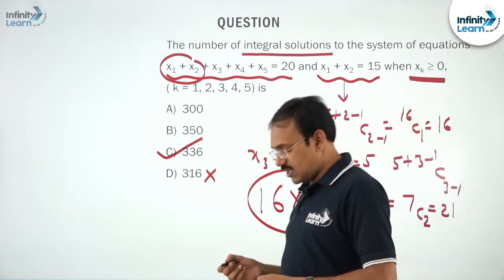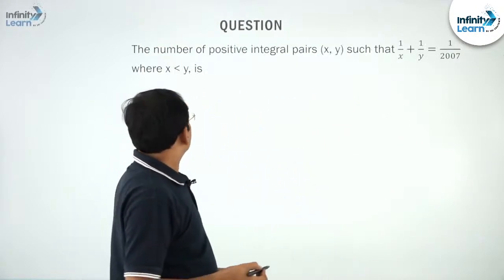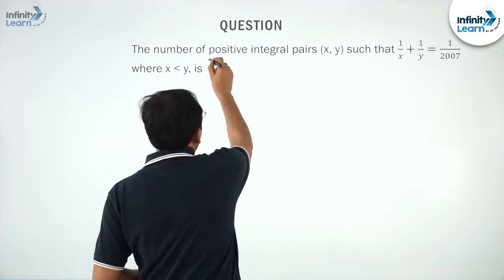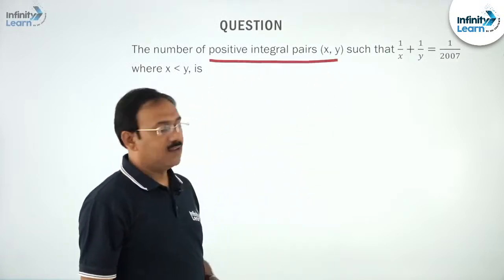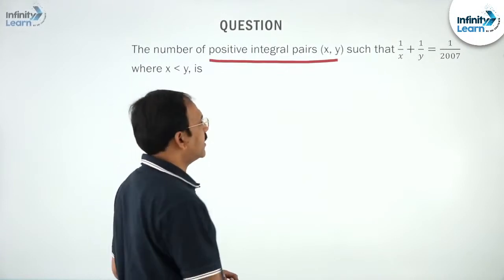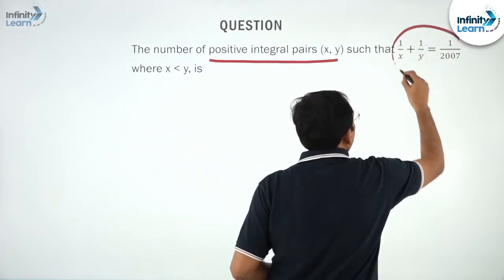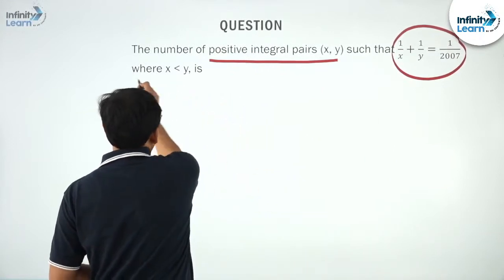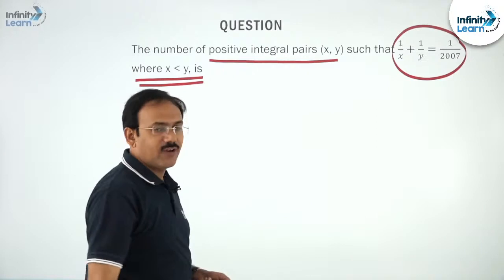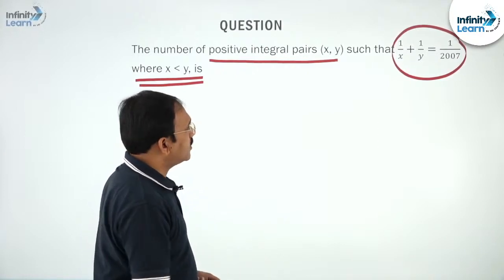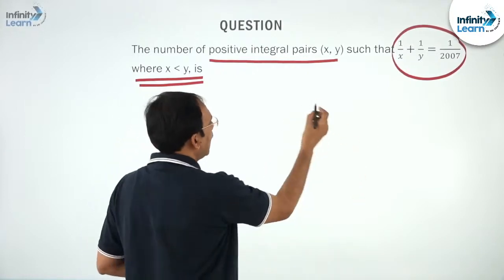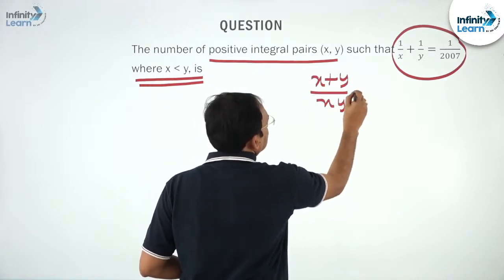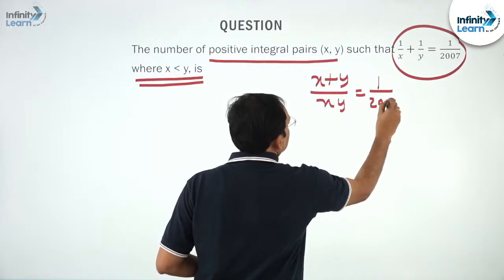The next, you see the next problem: the number of positive integral pairs x, y such that 1 by x plus 1 by y is 1 by 2007, and of course x less than y, fine, okay. So friends, you can simplify that equation: x plus y by xy is equal to 1 by 2007.